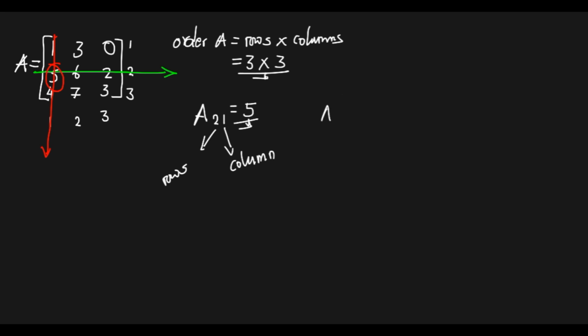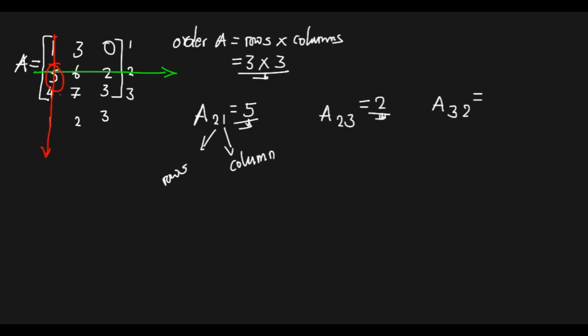Okay, let's try this one. Let's find the number on the second row, third column. So this is our second row, third column. Here we can see that we have a 12. What of this one? Under this one, we are looking at the number on the third row, second column.